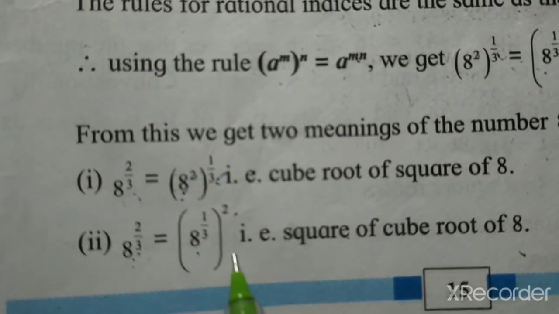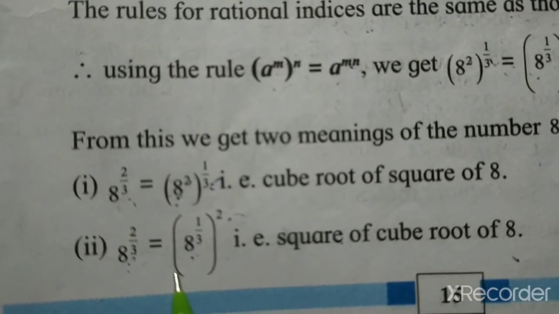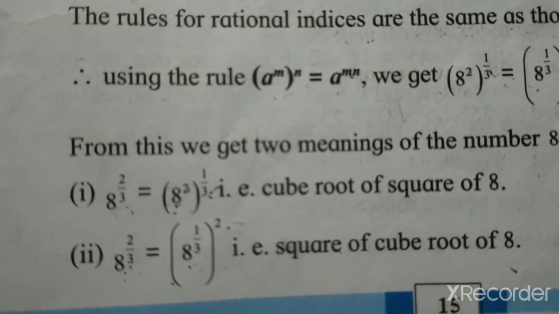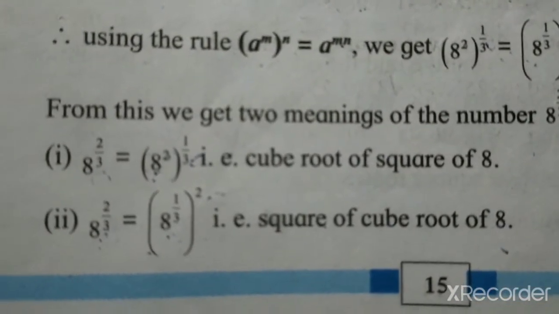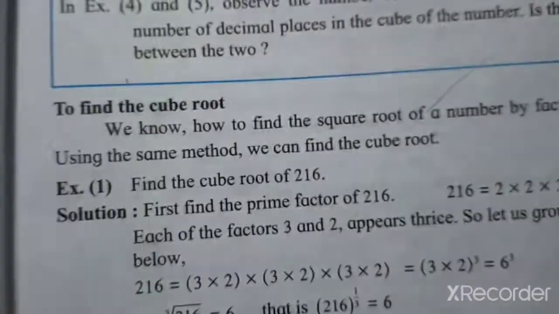And the second, in another way, the square of the cube root of 8. So in this way we can read the number, and we can write the number in two ways.